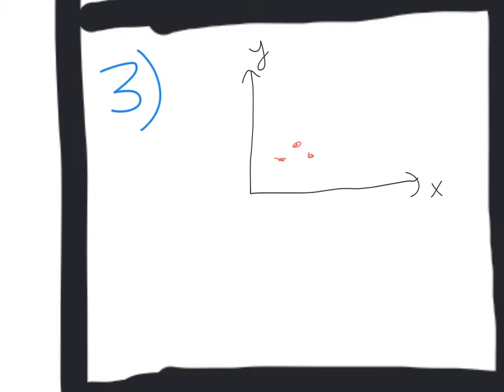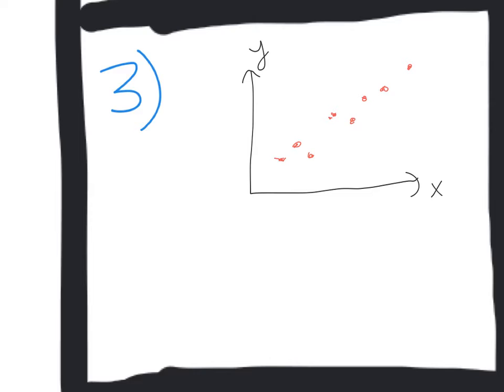Some points here, and then we see a trend going upward. So you can probably already imagine that this is going to have a positive association. And this one is definitely more linear as well, just by looking at it. We can draw one line straight through it.